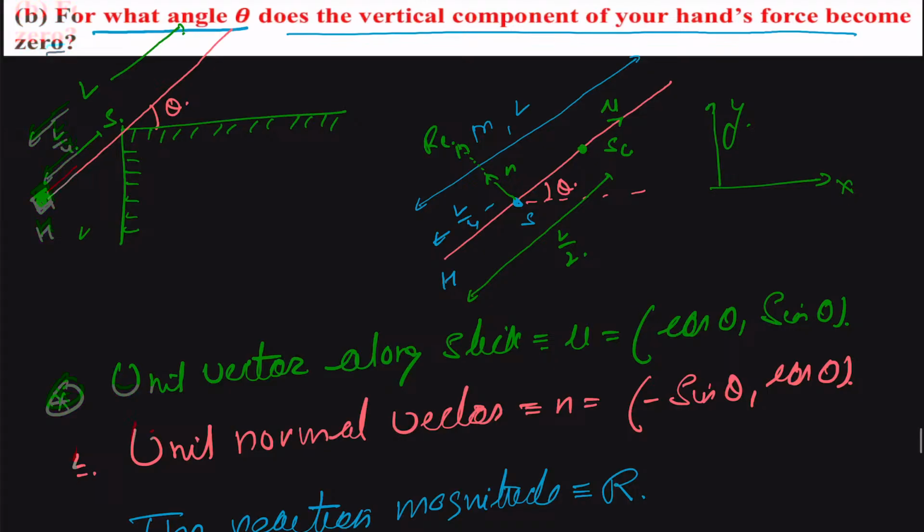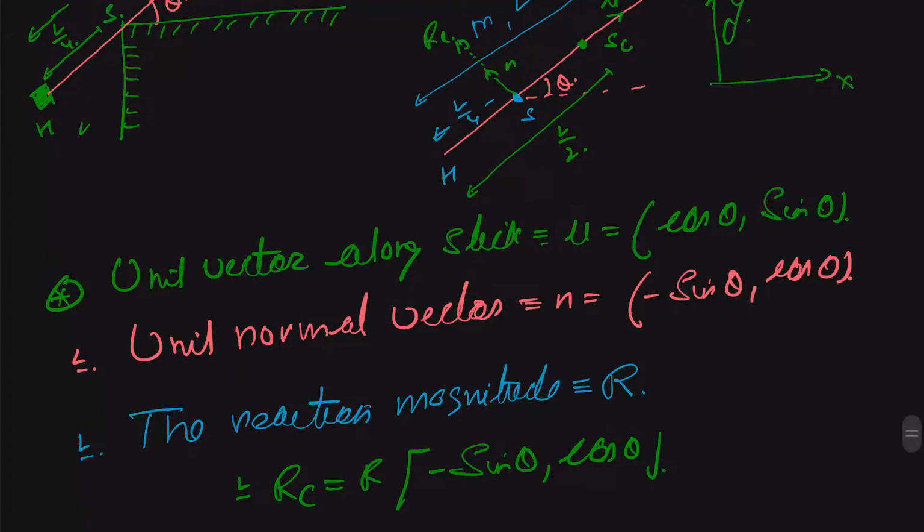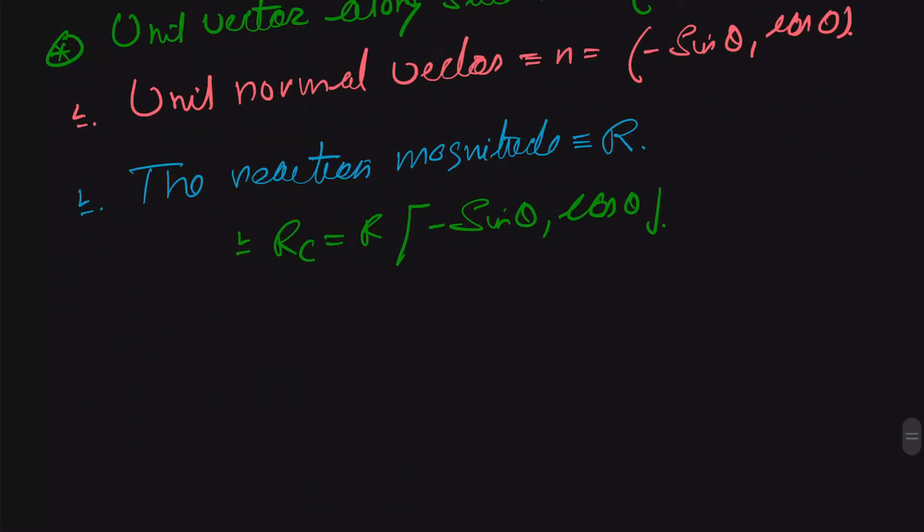And also there will be a force because of this hand, and let us divide this into two components. We can deal with the direction later on, it's not a big problem.